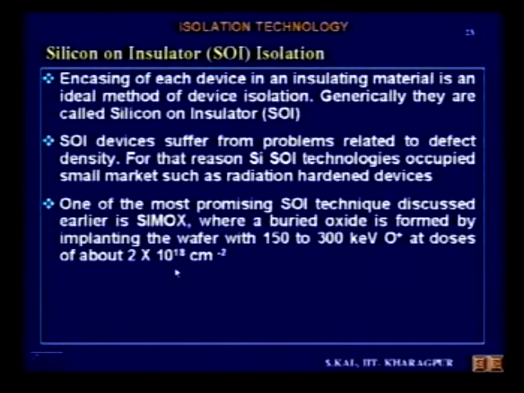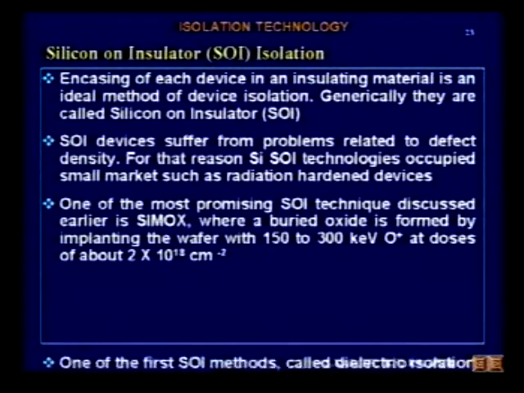High energy, high dose implantation, that is the SIMOX. Then you anneal, so silicon and oxygen will react and silicon dioxide forms at a greater depth from the surface of the silicon, isn't it? So that is the SIMOX process.